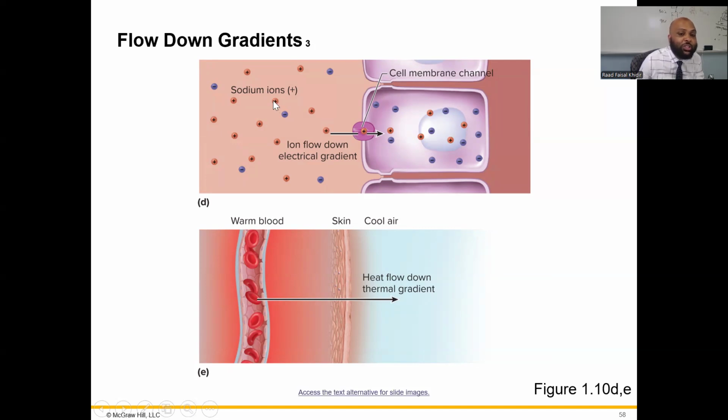It could also be because of the charge. There is a lot more plus outside than inside. So they're going to move because they want to make equilibrium. So the movement is always to try to achieve equilibrium. And that's heat. So heat moves from your hot body, from where there's a lot of vasodilation, from where it's too hot to where it's colder, and that's where the sweat is.